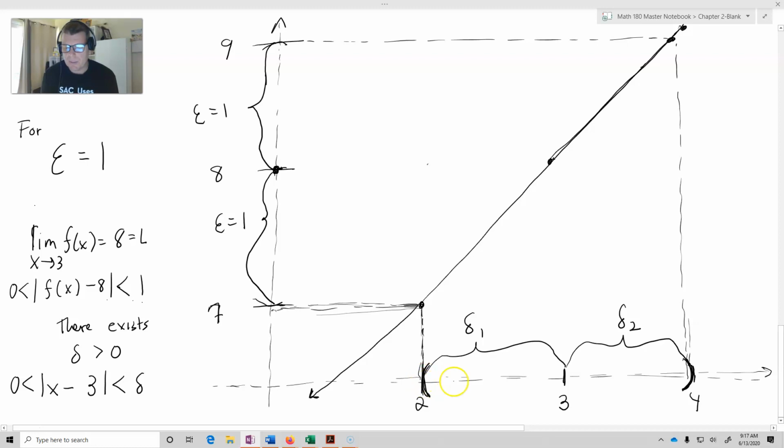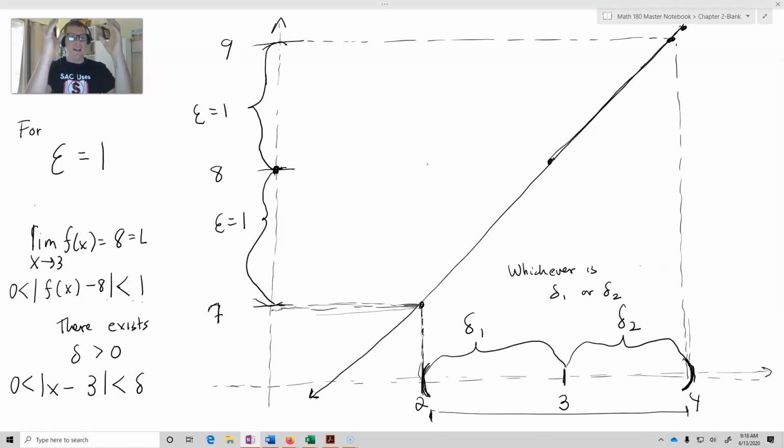So if my epsilon is 1, I just need to be somewhere in this region right here. The delta that I'm going to choose is whichever is larger, because the larger delta is going to allow us to encompass everything.